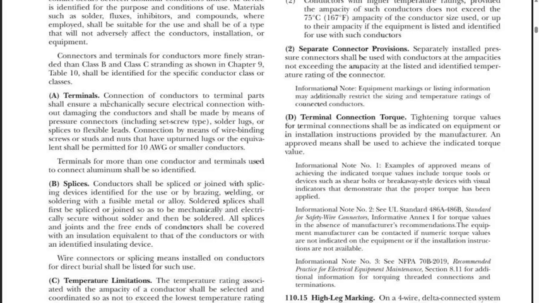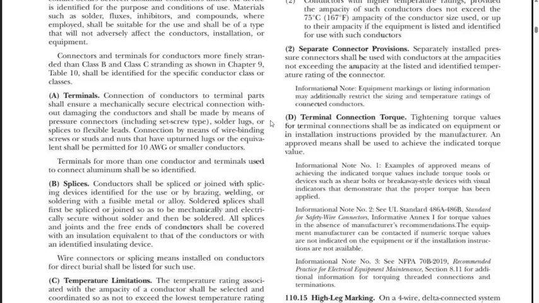All right, now I'm going to skip a little bit ahead and go down to terminals. All right, and we'll read terminals, and then we'll come and tie those two back together. Connection of conductors to terminal parts shall ensure a mechanically secure electrical connection without damaging the conductors and shall be made by means of pressure connectors, which we just read about. Solder lugs. Soldering is melting, which we should never do in certain circumstances, but for large conductors, sometimes they do solder into certain pieces of equipment.